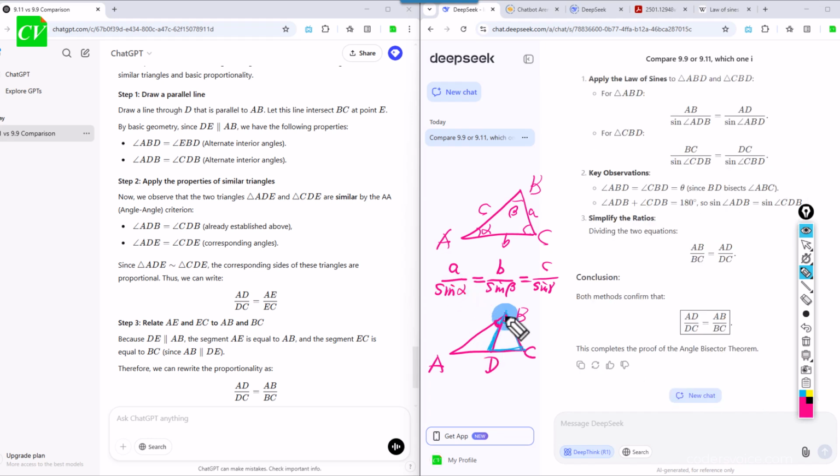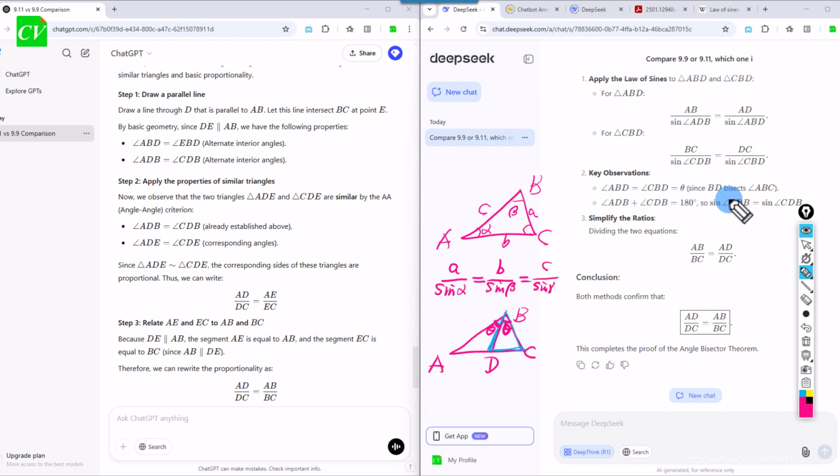Because BD equally splits this angle ABC, they are equal. So if this angle is theta, this is also theta. For this triangle, we can write this equation, and for this triangle, we can also write this equation. The two sides of the equations have the same theta, so we can put them together and eliminate theta. This is just the regular way we solve this kind of problem.